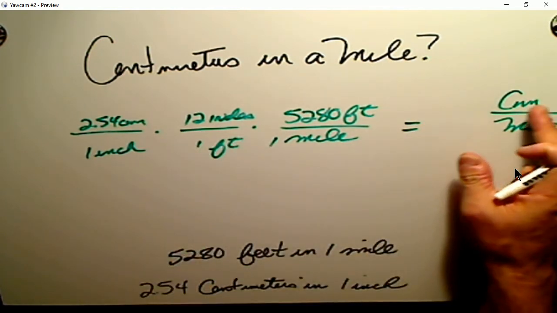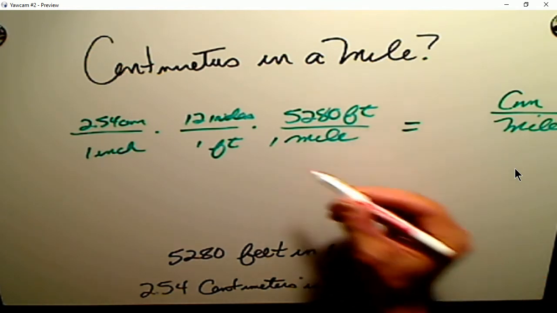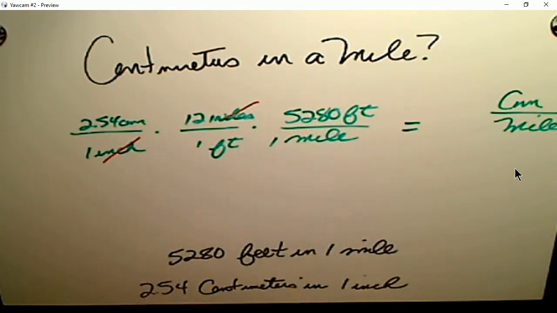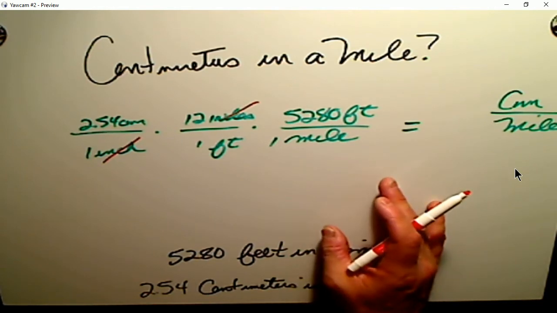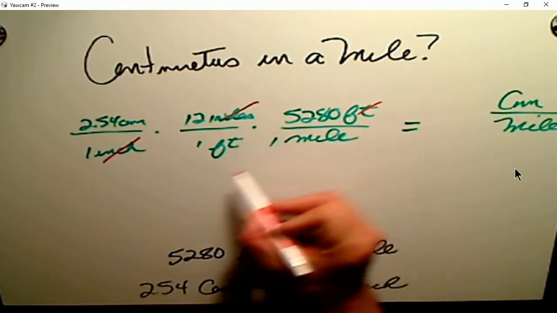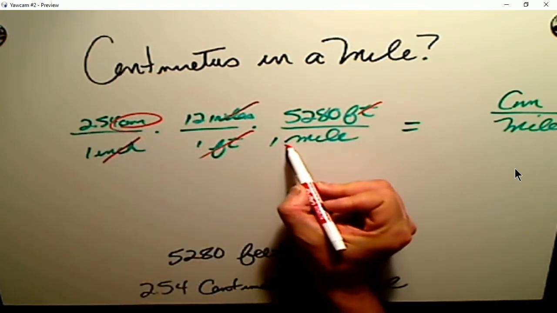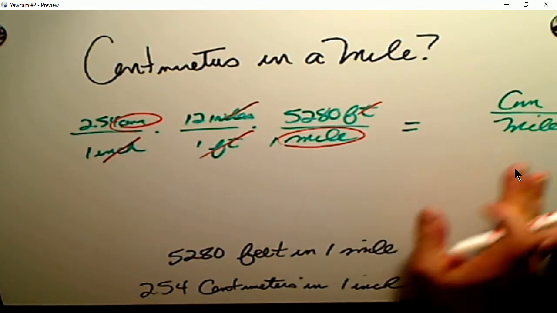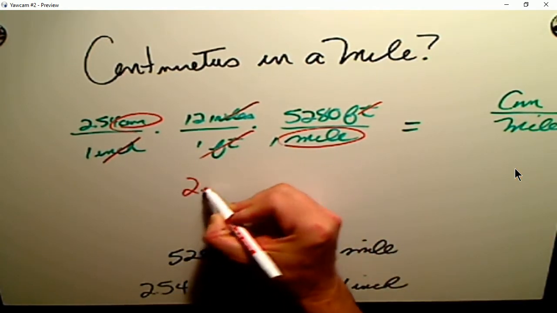We need centimeters in the numerator. So just like that, you can look at this and say, I cancel the inches out. Anything we can do with numbers algebraically, we can do with units. I cancel the feet out. What am I left with? Centimeters per mile. On this side of the equation, it's the same units I have on that side. So that gives me my answer.